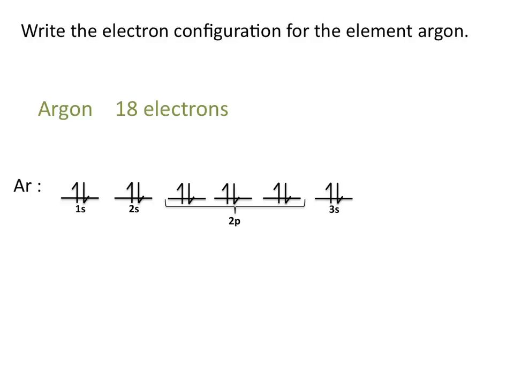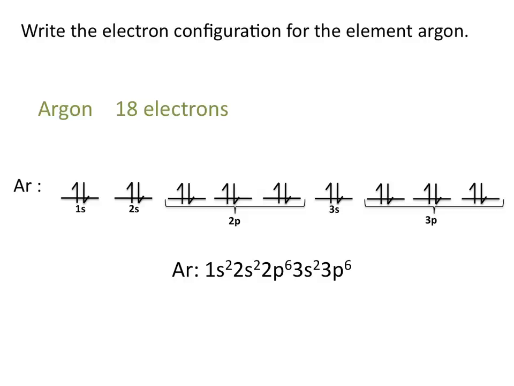After we fill the 3s orbital, we fill the 3p orbitals, and here are our 13th, 14th, 15th, 16th, 17th, and 18th electrons. So now that I've diagrammed all 18 electrons, I know that this is the electron configuration for argon. And if I were to abbreviate it, it would be 1s2, 2s2, 2p6, 3s2, 3p6.